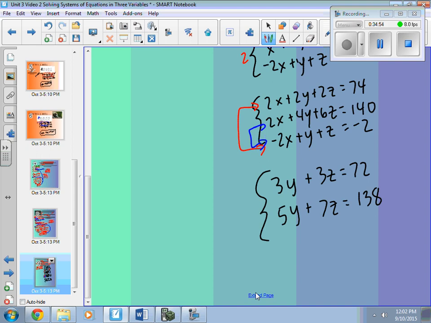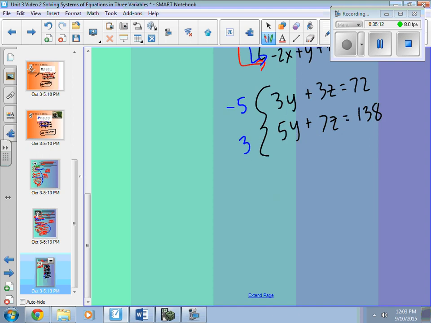Now you'd have to figure out something to multiply it by here to get elimination. Not anything really easy that jumps out, so this would be one you'd have to multiply both. Let's eliminate y's here. If we multiply the top by, say, -5 and the bottom by 3, we could eliminate that. So now our equations become -15y minus 15z equals -360.